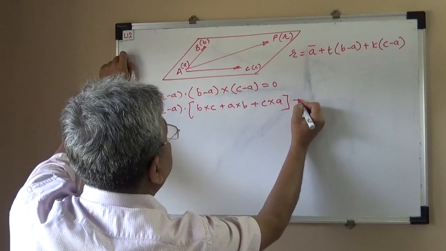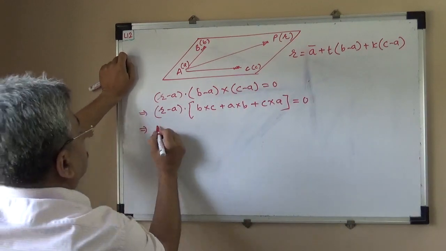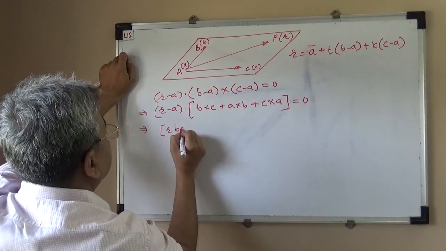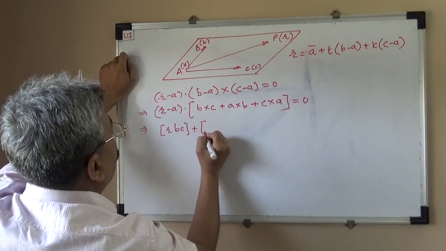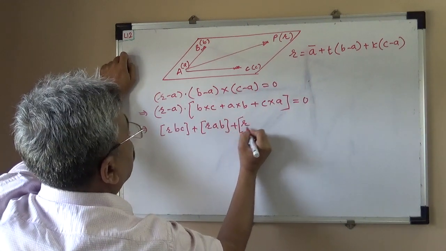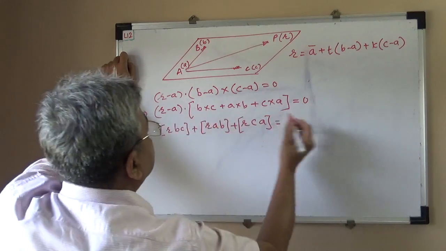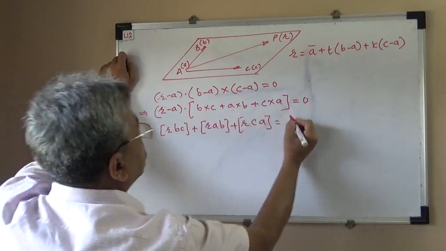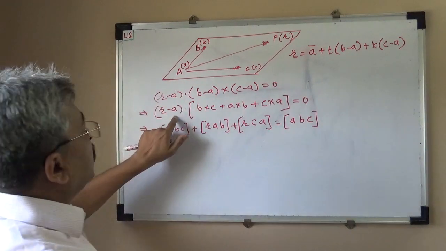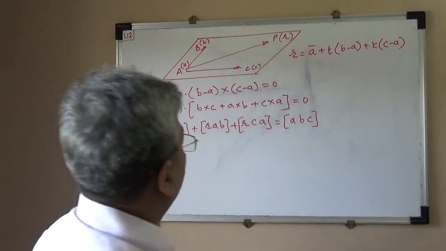So this is the first simplification, followed by R dot B cross C, box RBC, plus box RAB plus box RCA is equal to ABC. A dot B cross C will survive, everything else will disappear because A dot A cross B is 0, and A dot C cross A is also going to be 0.